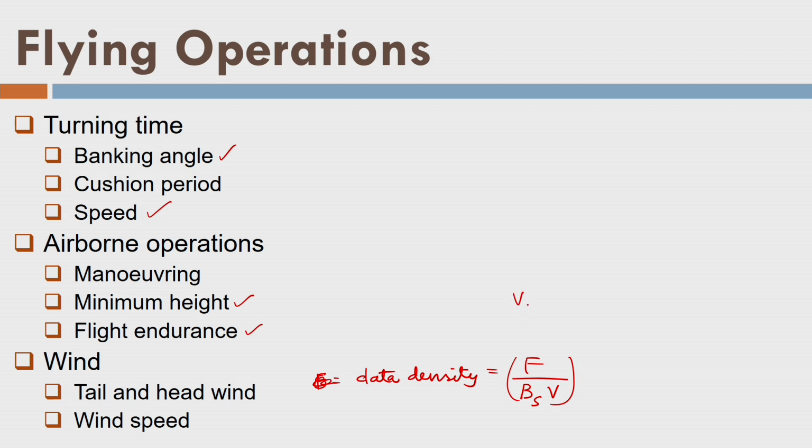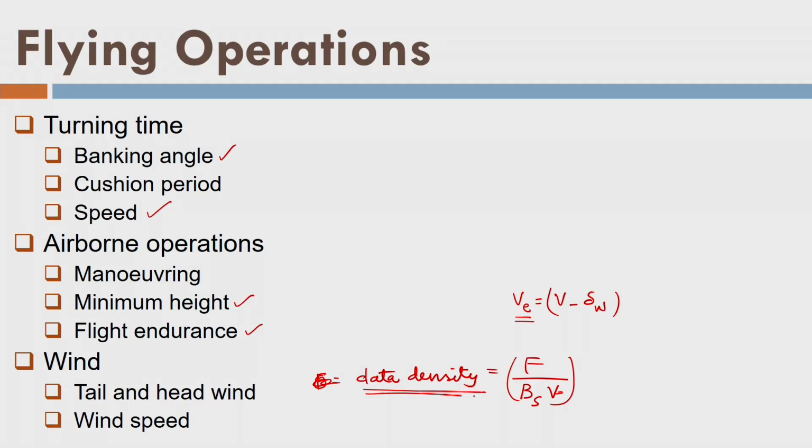The effective speed of the aircraft will be V minus some delta W, and as a result the data density will increase because the effective speed is reduced. When there is a headwind, the data density will increase.